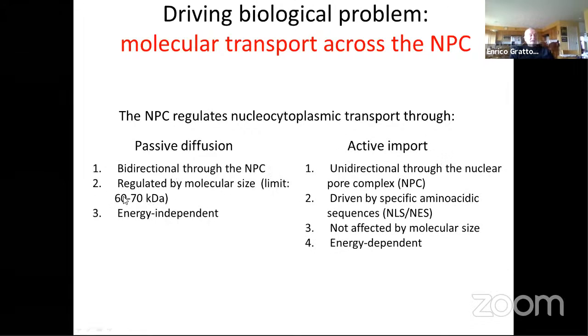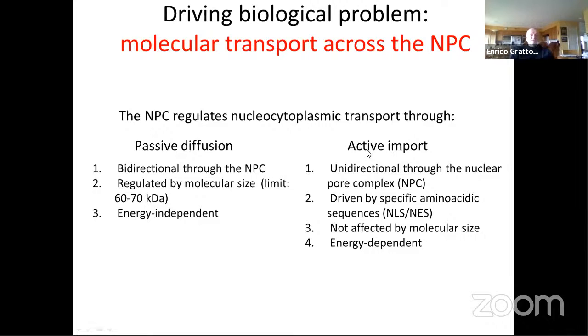As I said this morning, well, it was morning for me, a molecule of about 60 kilodaltons can go through the nuclear pore complex. It's energy independent, but it requires a lot of time, simply because the channel is long, about 200 to 300 nanometers. By diffusion, it takes about 150 milliseconds, and this is more or less the theoretical value.